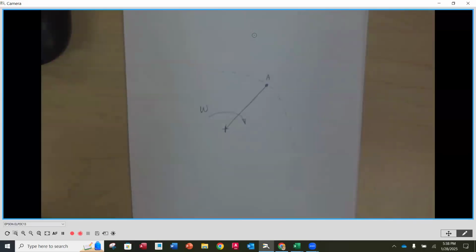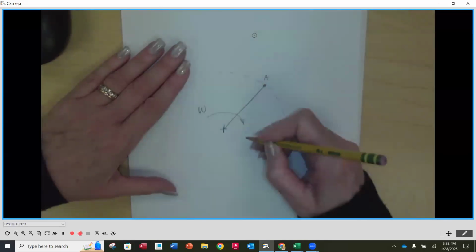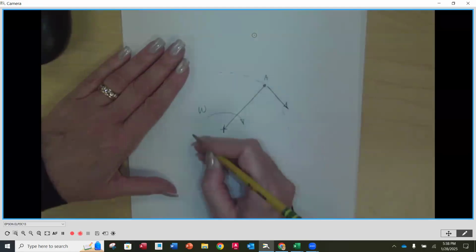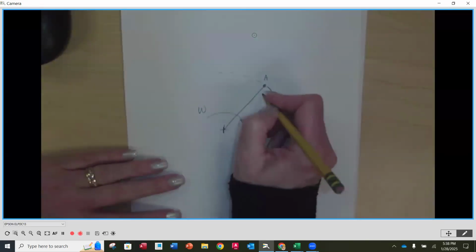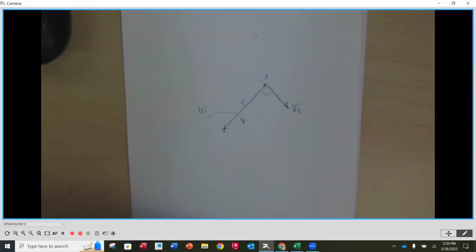Now the velocity, we know the straight line component, the tangential velocity, is going to go in the direction of rotation, 90 degrees to that radius of rotation from that fixed center, okay? But the acceleration that occurs, and that's what we're talking about here, is going to have two components, and there's going to be a resultant because of those two components, all right?